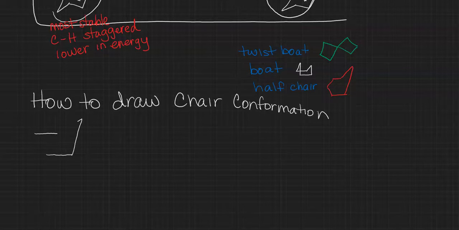Then you want to point up, and then you want to point down. So let's try that again. One towards the left, one towards the right. Take the bottom, hit the top, take the top, hit the bottom.